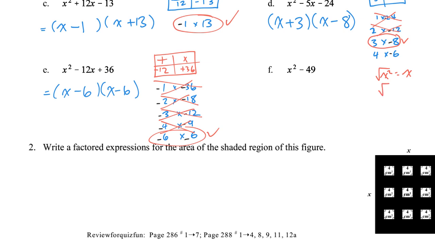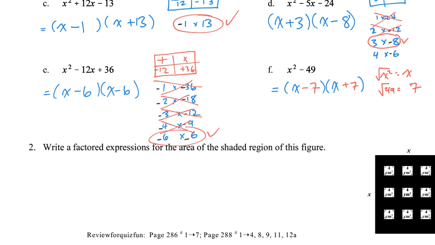And then the square root of 49 is equal to 7. So that means when we have two perfect squares like that, and we have a subtraction in between, all we have to do is rewrite x and x, and we have -7 and +7, and we're done.